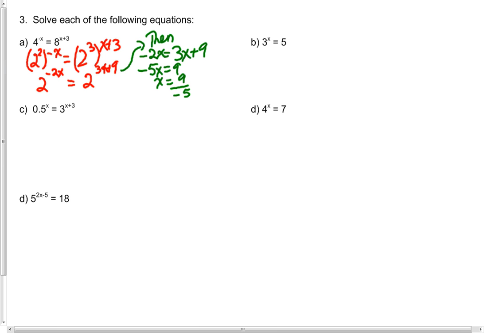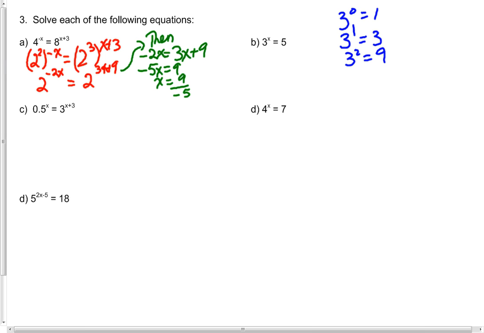B, 3 to the x equals 5. We're going to solve this one by guess and check and see how far we get. I know my powers of 3. 3 to the 0 is 1. 3 squared is 9. So I know all that, and I want to have where 3 to the x is 5. So it's in between 1 and 2.